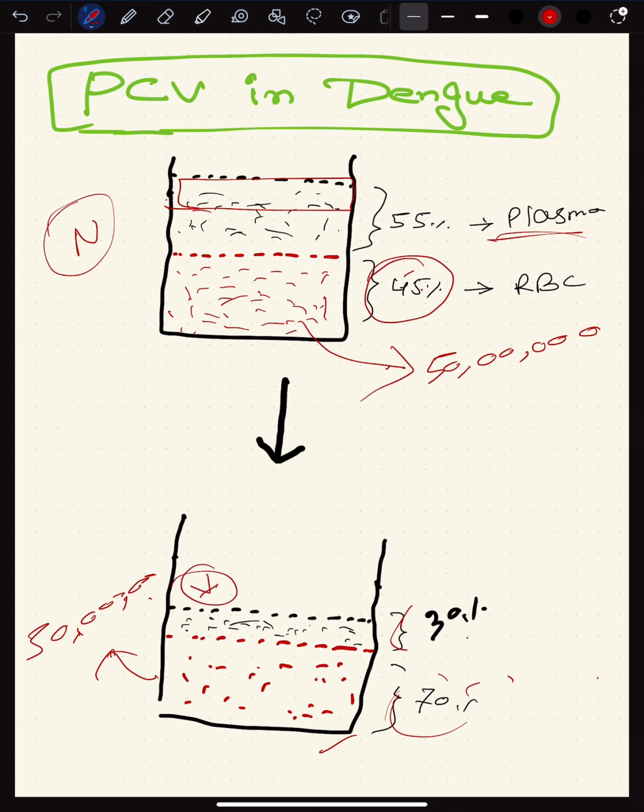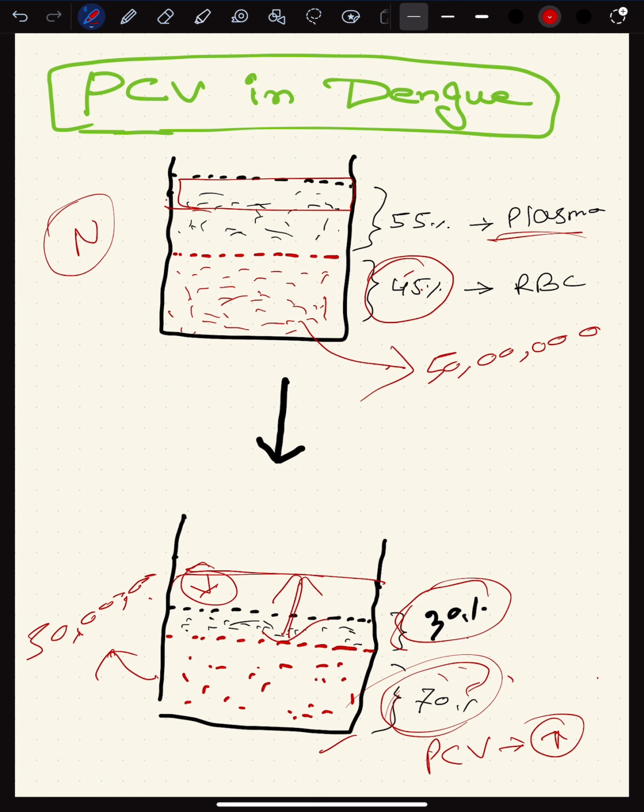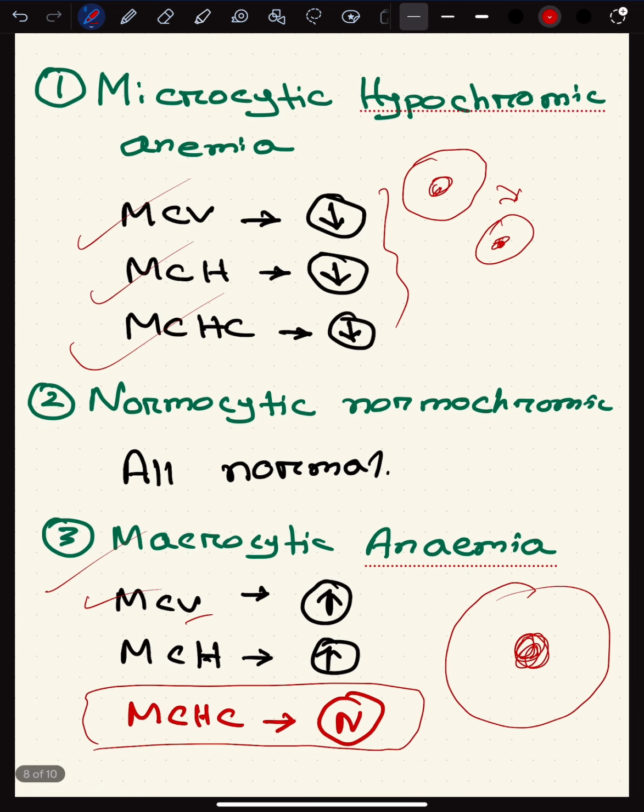So if you make a proportion, if you make a percentage, the plasma will be less in amount, and the RBC, although normal in amount, will give you a higher percentage. So the packed cell volume or PCV has increased. So what's the next step? You have to give fluid to this patient so that you can increase the plasma level so the patient can survive. This is all for today.